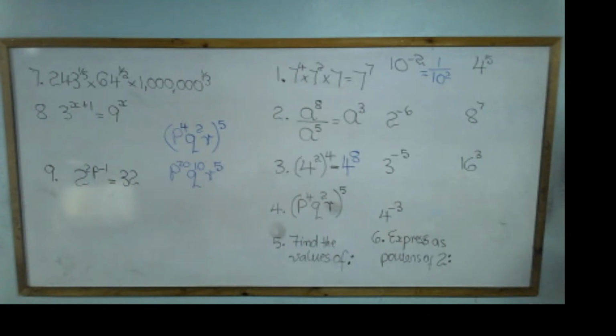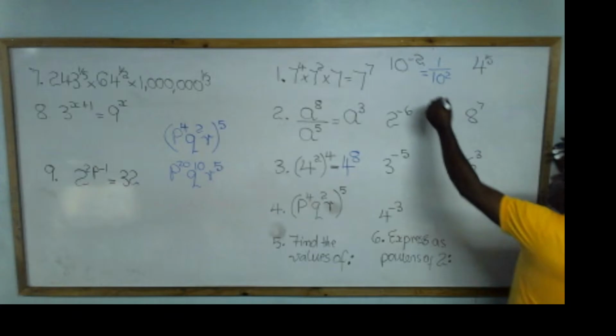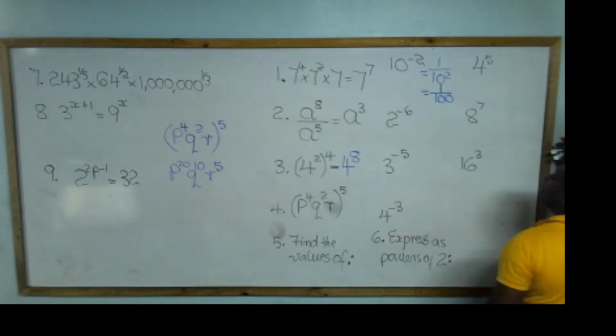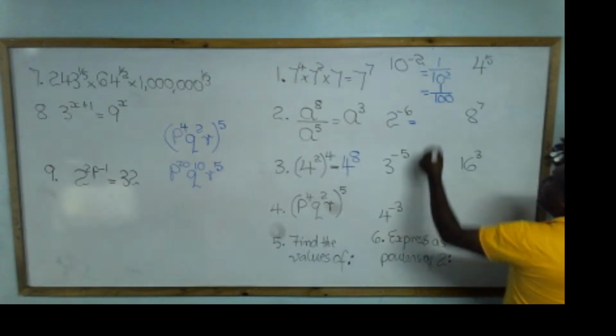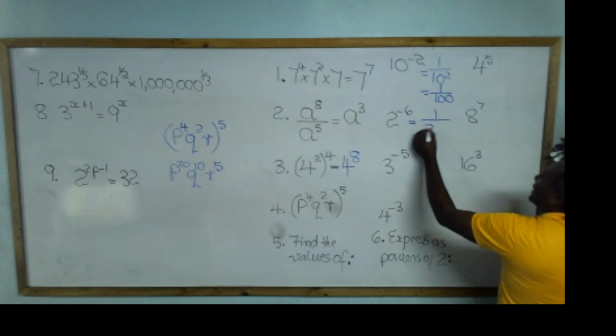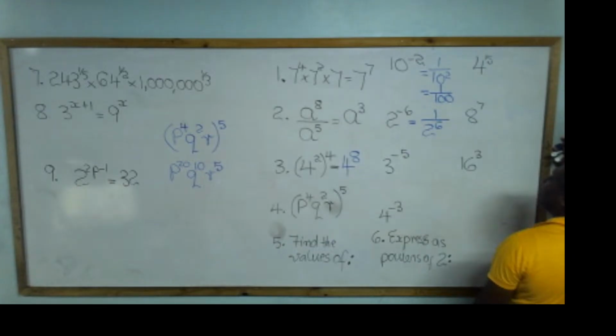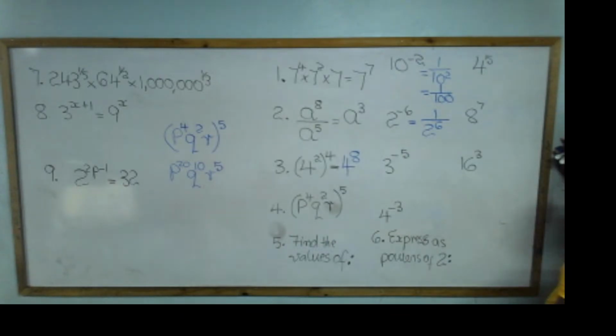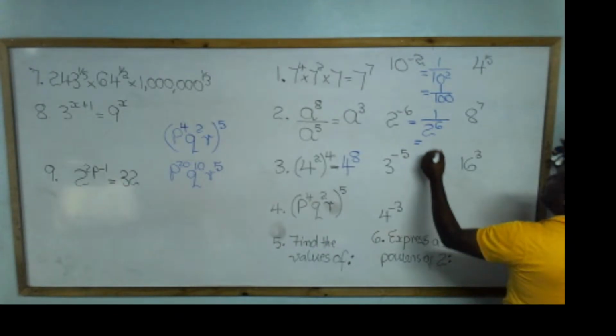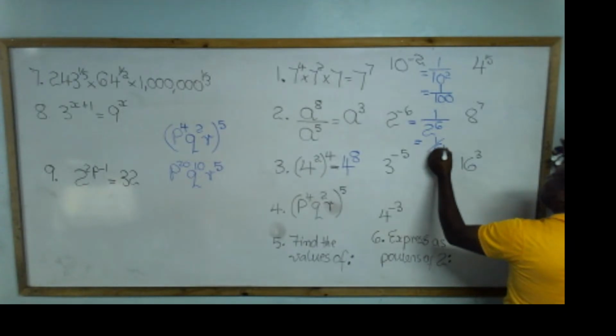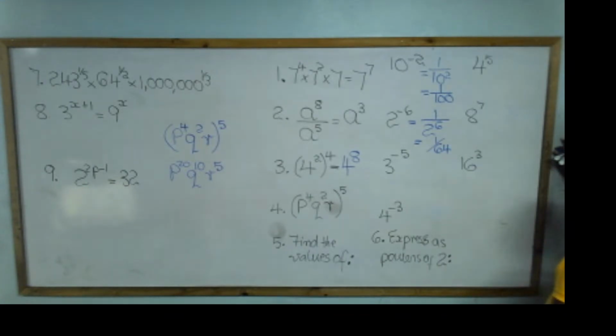You may leave it like that, or you know that is 1 over 100. This one, you know what you need to do. Do the reciprocal and change the sign of the index to positive. And what will that be? 1 over 64. What about this one?